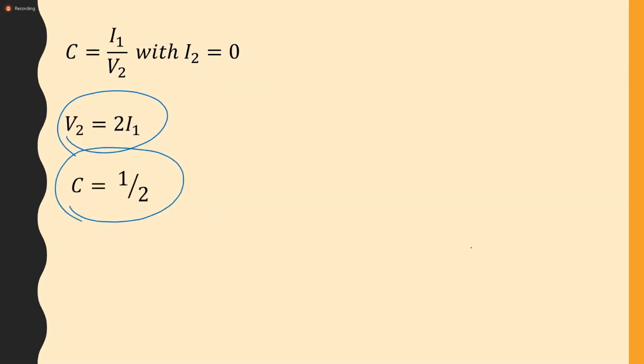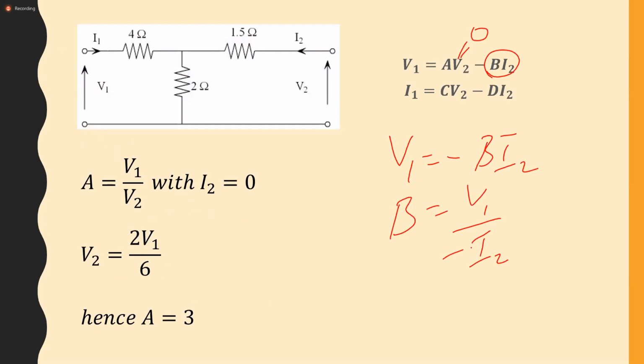If I put the short circuit on port 2, it means that these two are now in parallel.